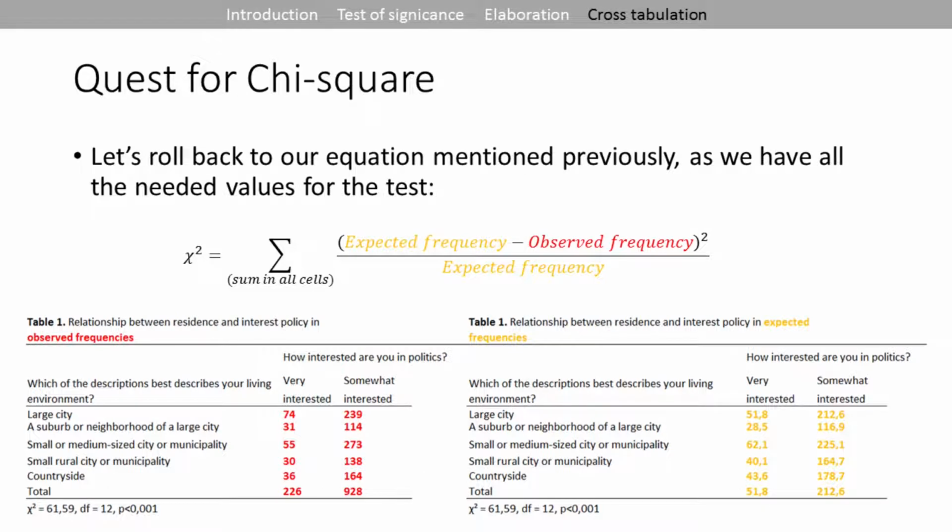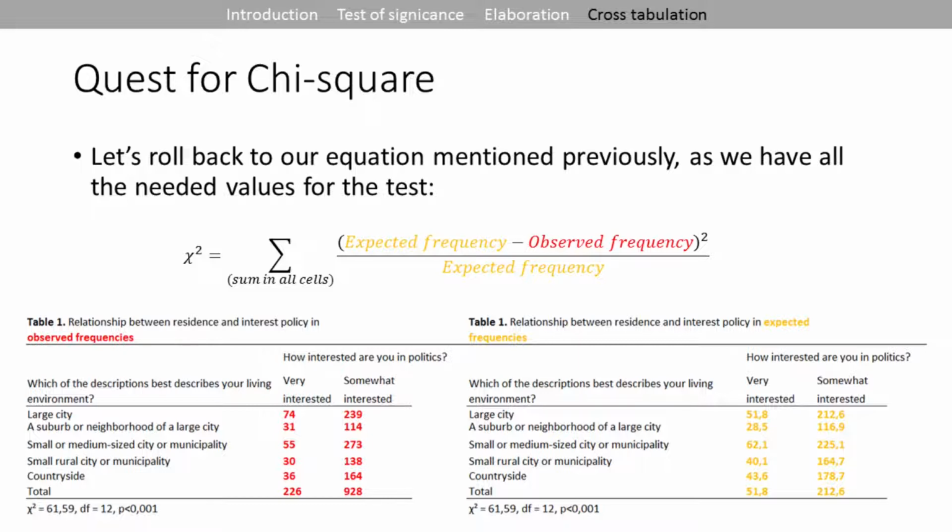So let's go a little bit back and put the whole equation there so you can see now. We have the expected frequencies, which were calculated with the previous slide's formula, and the observed frequencies from the original table. And I have color coded here what is happening inside the equation.